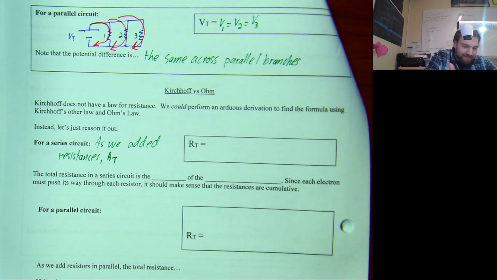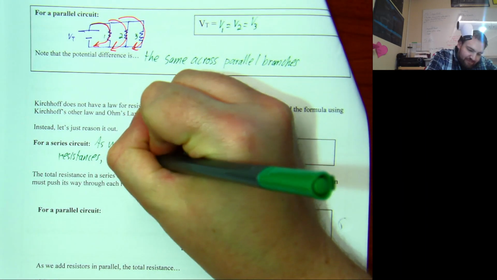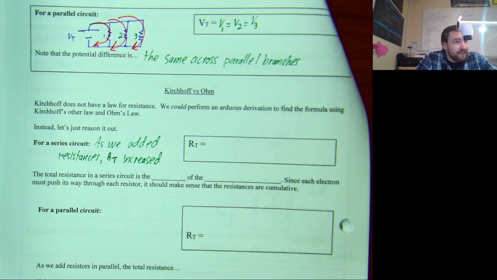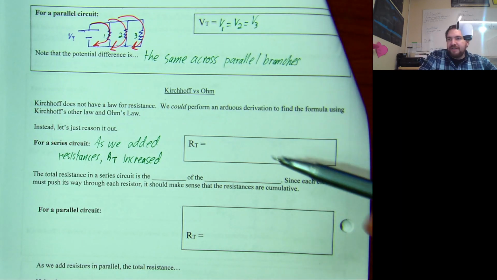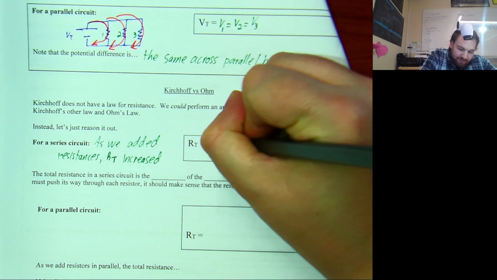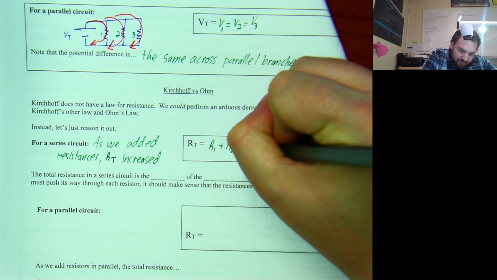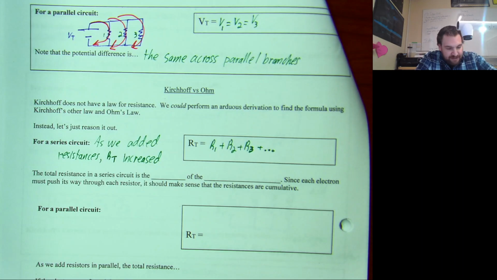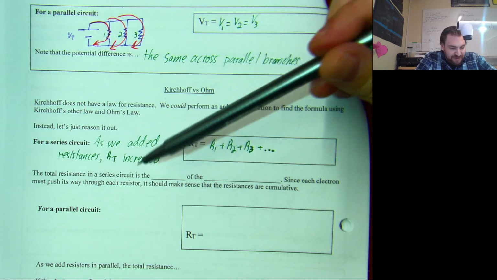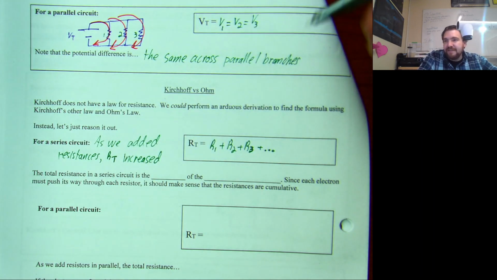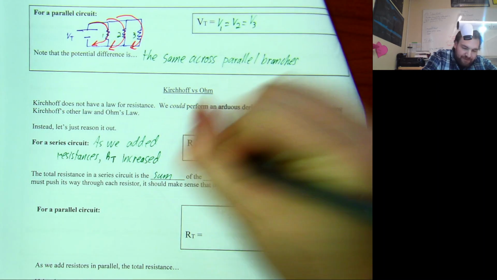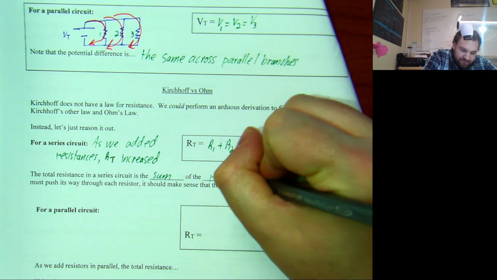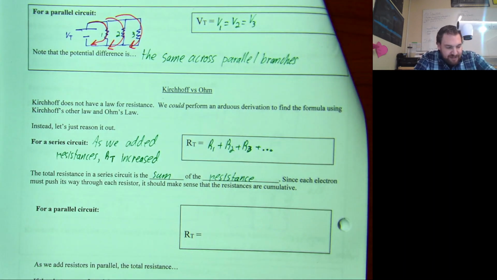It increased. Thank you very much. And specifically, it increased by what we added to it, right? RT was equal to R1 plus R2 plus R3 plus dot dot dot. As we keep adding resistors in series, they're going to continue to add. The total resistance in a series circuit is the sum of the resistances. Since each electron must push its way through each resistor, it should make sense that the resistances are cumulative.